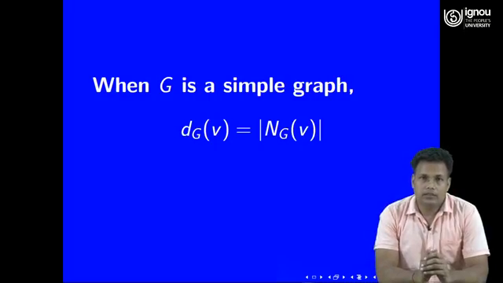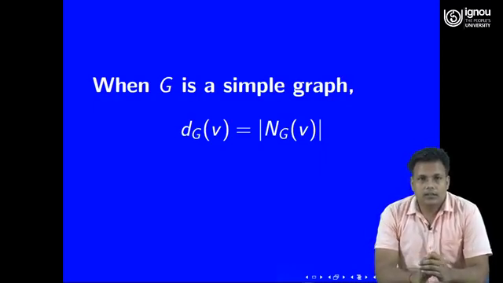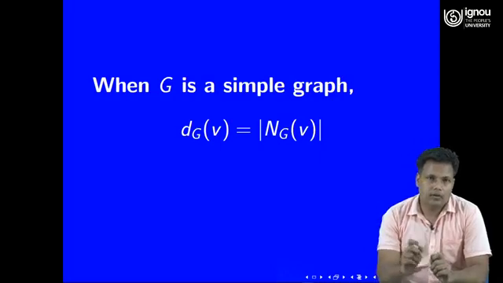And when G is a simple graph, in that case the degree of a vertex is nothing but the cardinality of its neighborhood, that means the number of neighbors, because in that case there is exactly one edge incident on v for each neighbor.